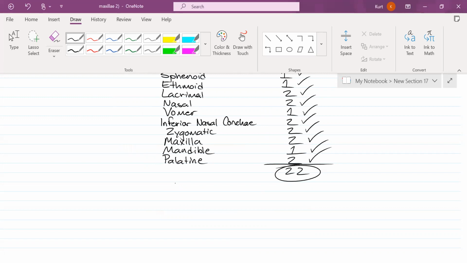Do you know how many cervical vertebrae a giraffe has? 7. The same number of neck bones as you do. They're just bigger. I'll say that again. A giraffe, longest neck in nature, has 7 cervical vertebrae, just like you. They're just bigger.